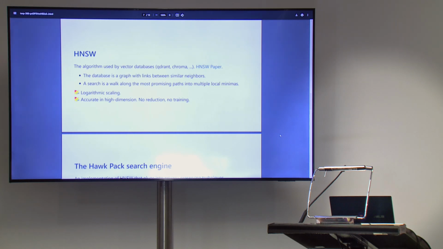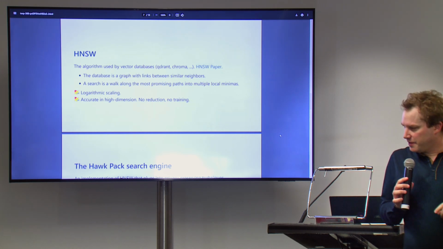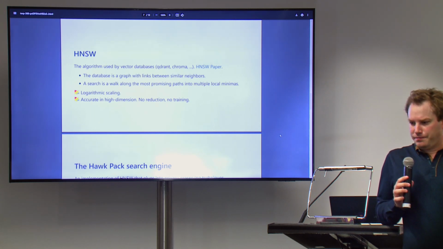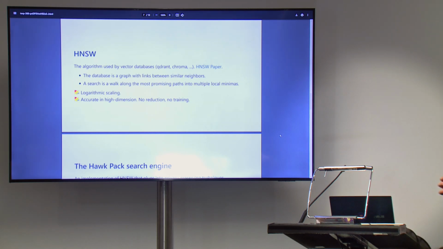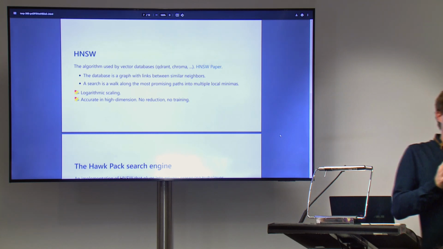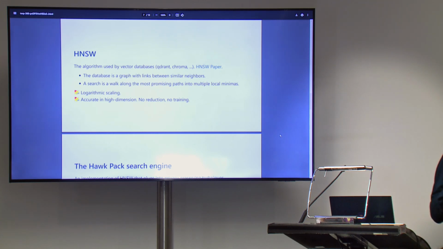Yeah, so then the search is going to look like, we'll make an example, that's maybe better. This search is you start at an entry point and you maintain a set of candidates and you try to improve your candidates. So you look at the next candidate, look at the neighbors, pick what is an improvement, so that opens up new paths, and you update your working set of candidates that way.